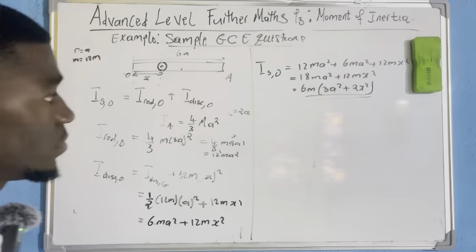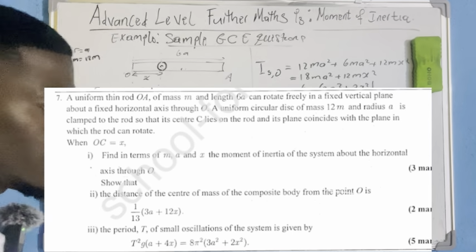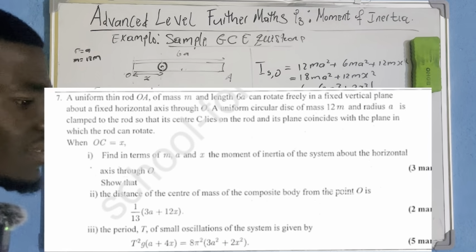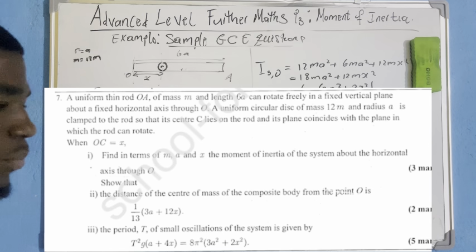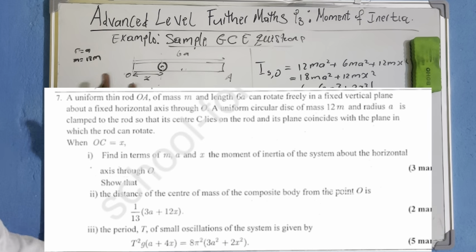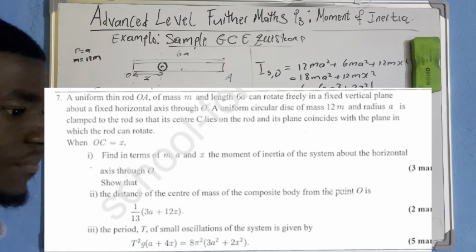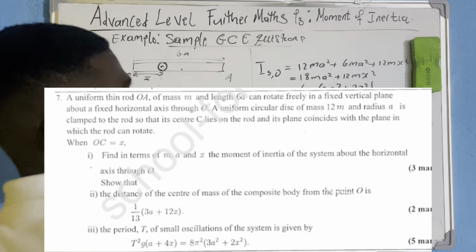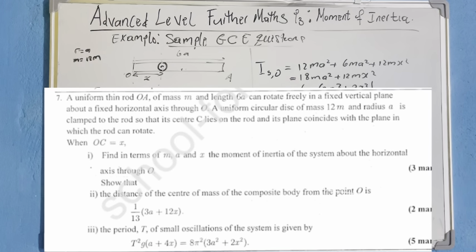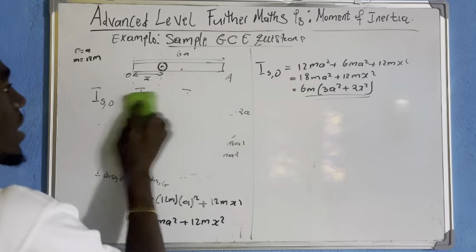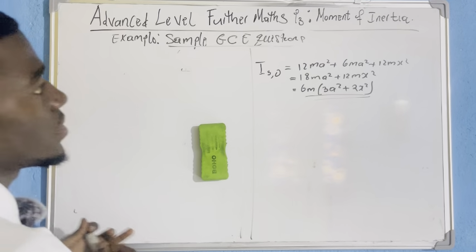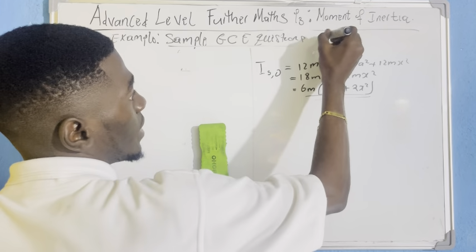Then I want to show that the distance of the center of mass of the composite body, the rod and disc system, from the point O is given. Okay, let us go and calculate the center of mass very fast. Let me put it here so that I should not forget.